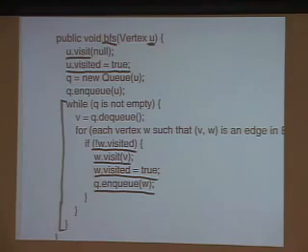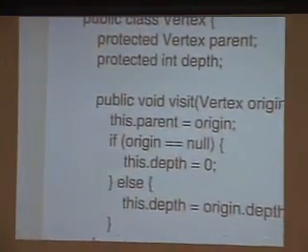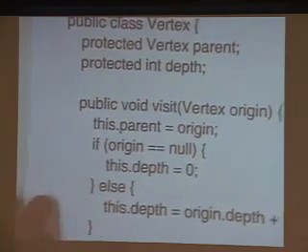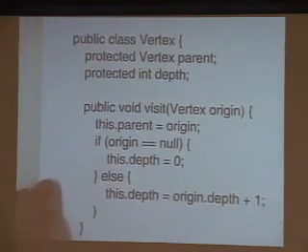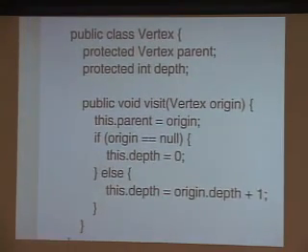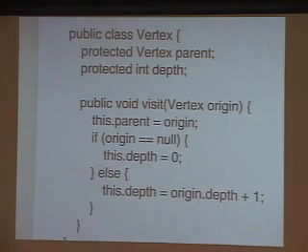Now, when we visit a vertex, we can do some more interesting things than just add up numbers. Here is a visit routine in the vertex class. The purpose of this routine is that we want to do two things.